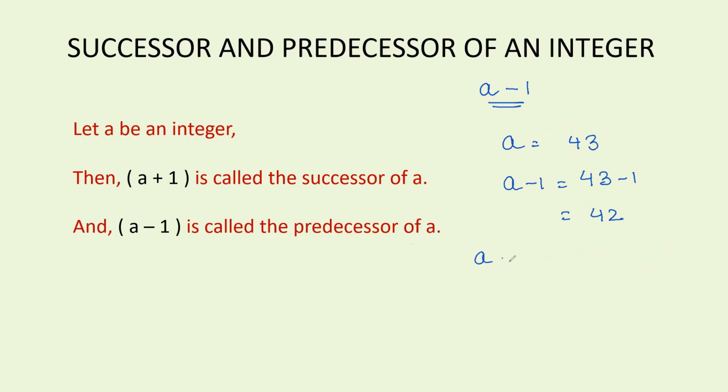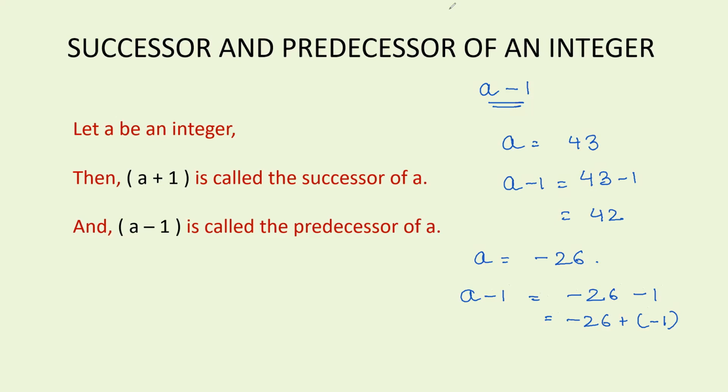What if a is say minus 26? The predecessor is a minus 1, which is minus 26 and minus 1. This basically means that we are adding two negative integers.